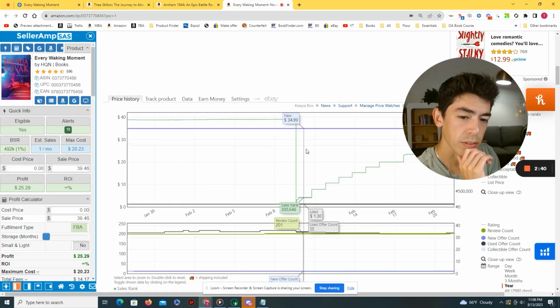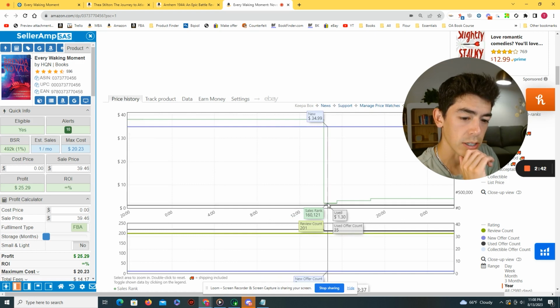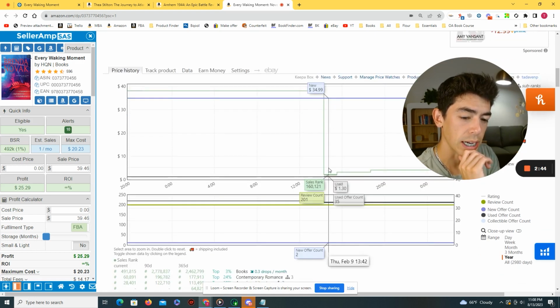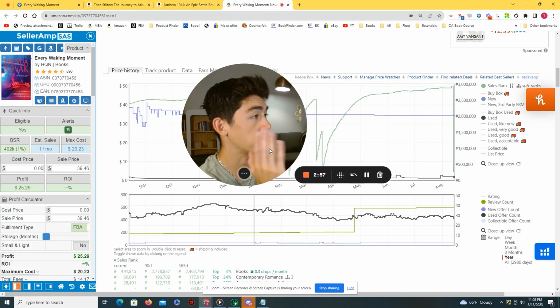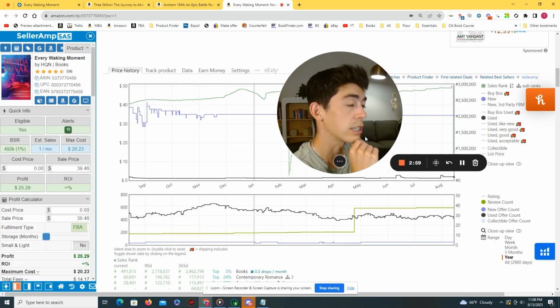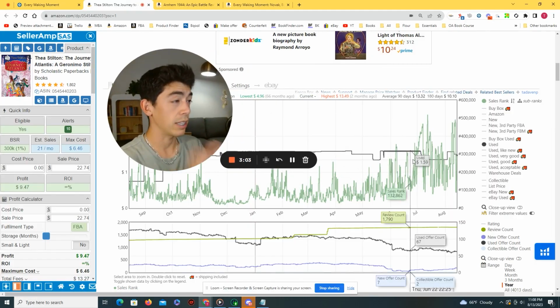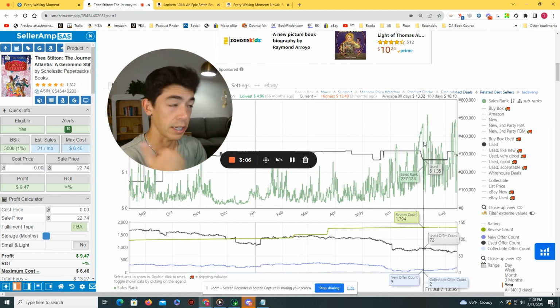But then notice the sales rank of this book drops all the way down here the next day on February 9th, and all of a sudden the sales rank is 160,000. Your perception of how fast this book sells is vastly different based upon when you look at the book or when you scan the book, which is why I think taking a quick glance at the Keepa chart to look at when the sales rank drops is actually very important for determining how often something sells. Obviously, if you look at this book, it appears to sell much more frequently than any of the other books.